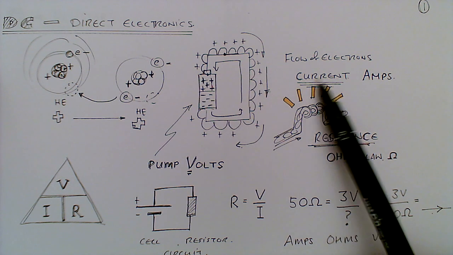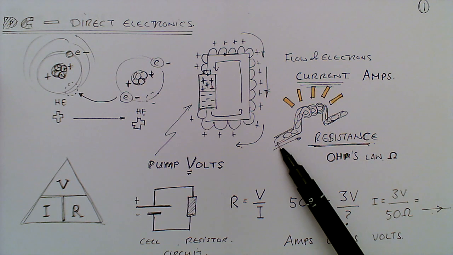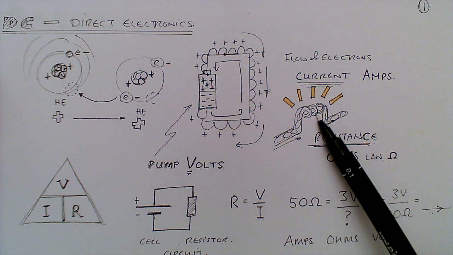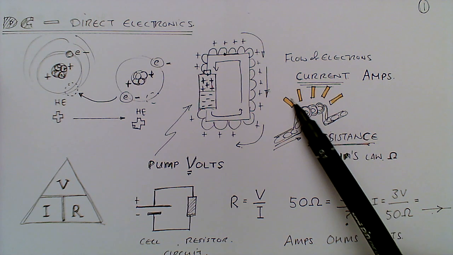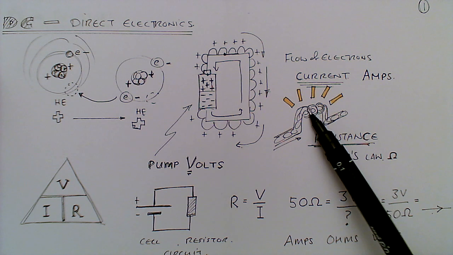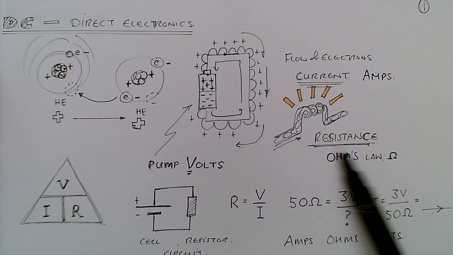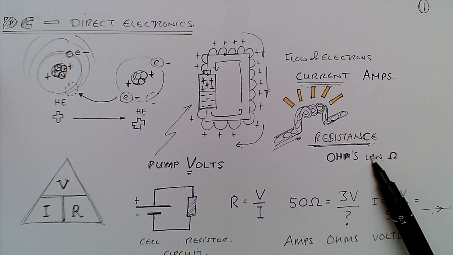We describe this flow of electrons as a current, which is measured in amps, and we discussed how the electrons moving through a material experience resistance and therefore give up energy, in this case as a bulb, and create heat and light.